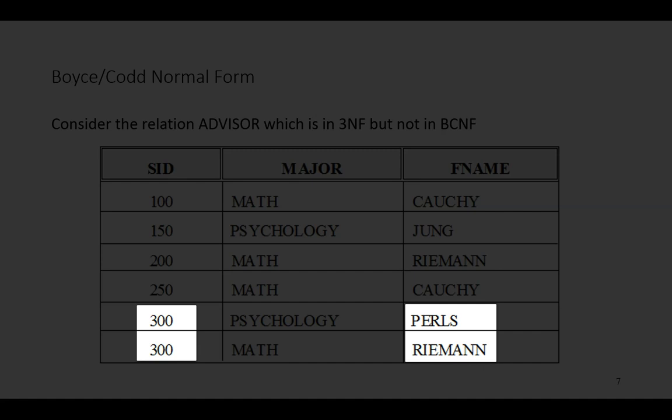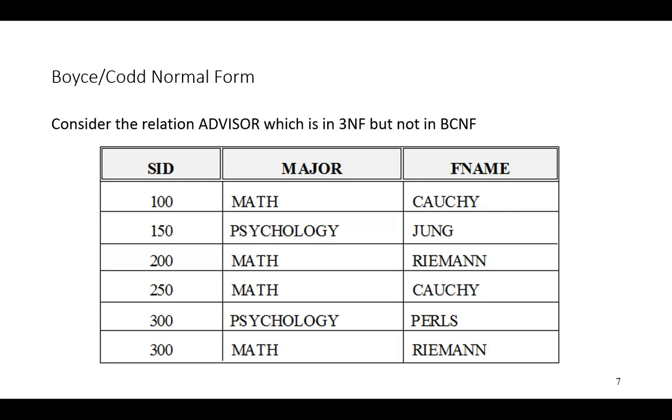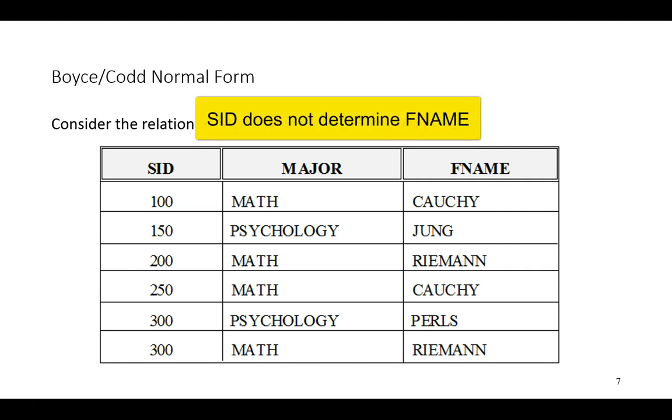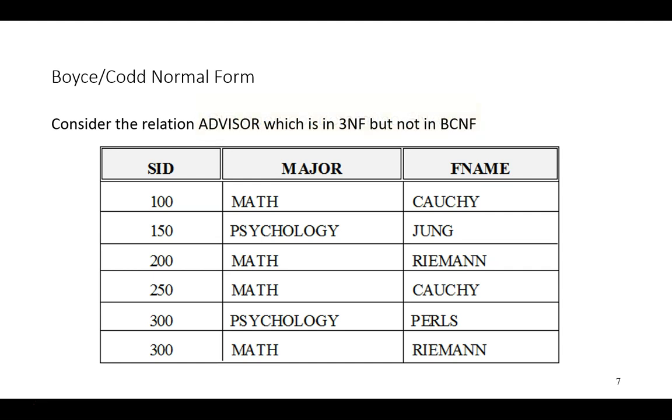This is because a faculty member advises in only one major area. So in the case of psychology, we see one faculty advisor for student 300, and in the case of math, it must be a different faculty advisor. So SID also does not determine faculty name. Therefore, SID cannot be a key.